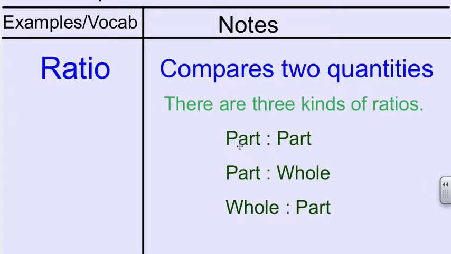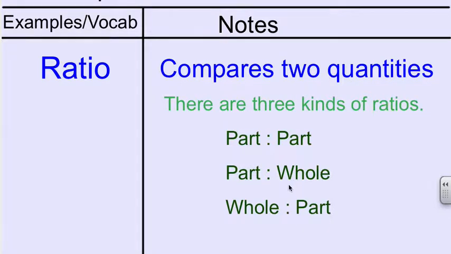Part of it was apples and part was oranges. I can compare it part to whole. In this case, for the boys and girls, I would be comparing boys, part of the class, to the whole class, the boys and girls all added together. In the fruit example, I'd be comparing just the apples to all of the fruit inside the basket.